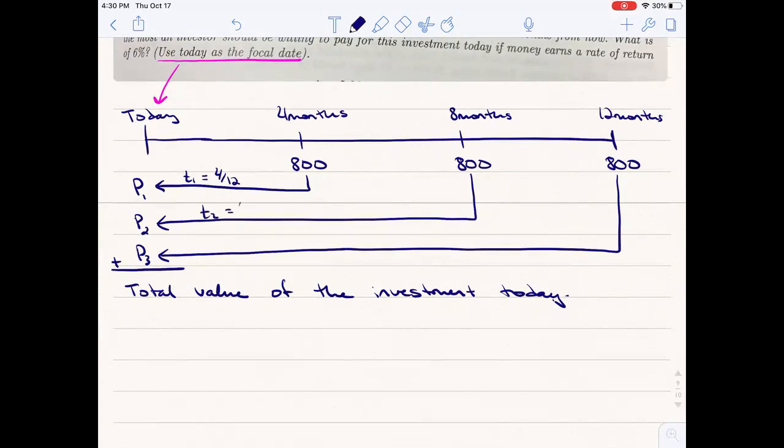T2 is 8 over 12. And then T3 is 12 over 12, which is 1 year. If you just wanted to keep it as 12 over 12, just to keep it the same, that's fine.